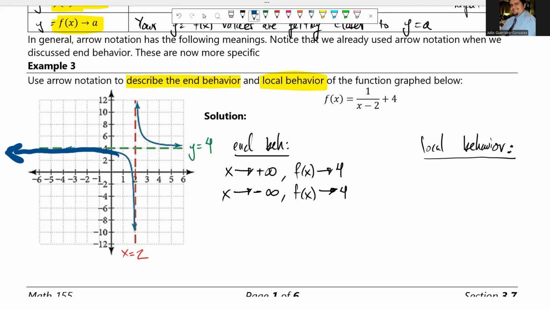So we say that as x approaches positive infinity, our f of x values tend to 4. They head toward y equal 4. We are describing this portion of the graph as it goes this way. That is the first line.